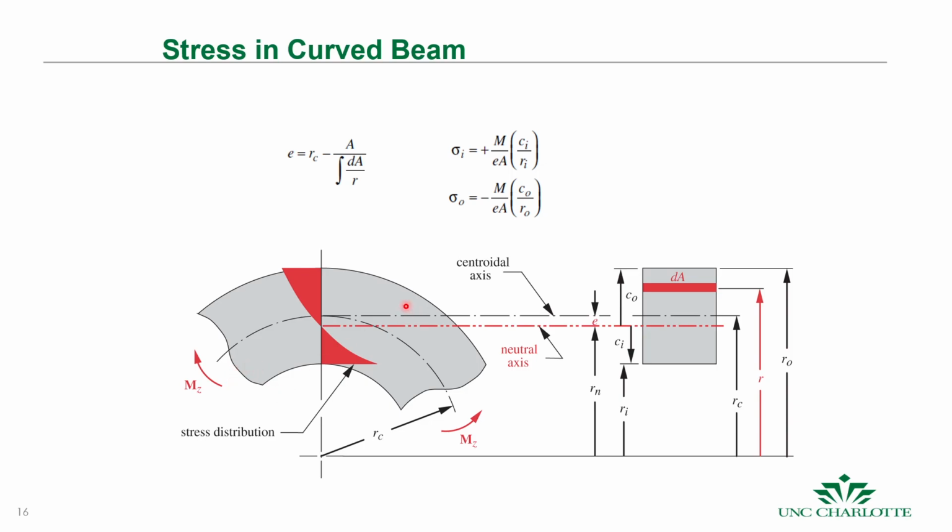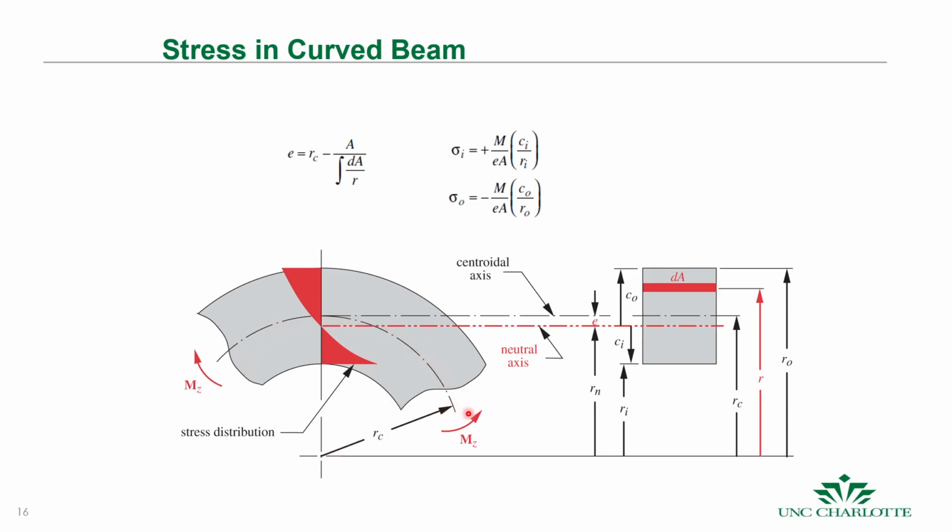These are the terms that we need to understand. We have this variable e, which is the distance from rc. rc is the distance from the center of curvature for the curved beam.